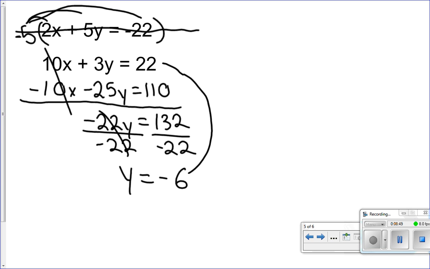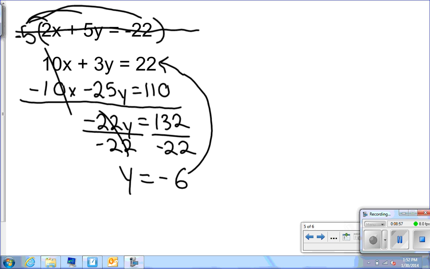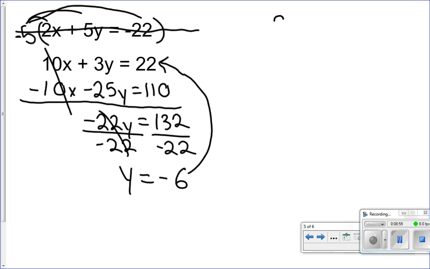Then, I'm going to take it and plug it into one of my equations. I'm going to plug it into 10x plus 3y equals 22. And I get 10x plus 3 times negative 6 equals 22.